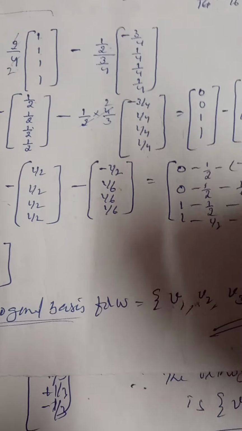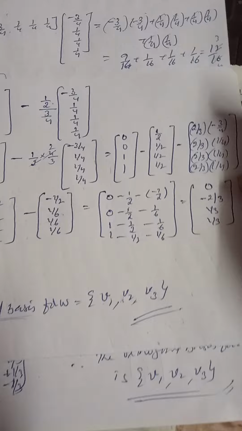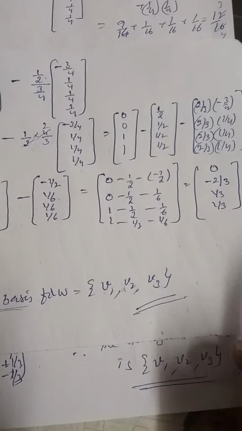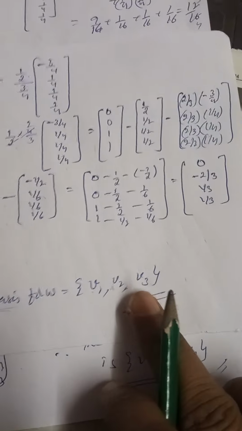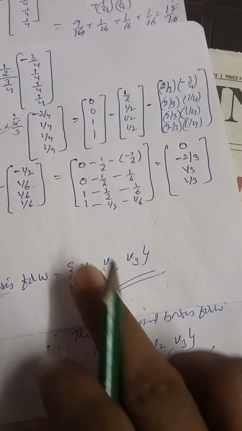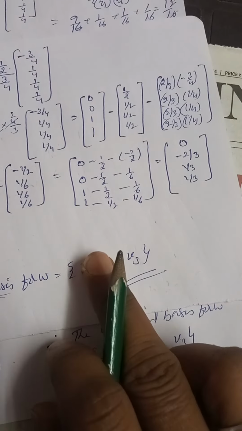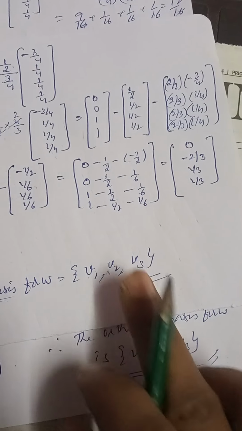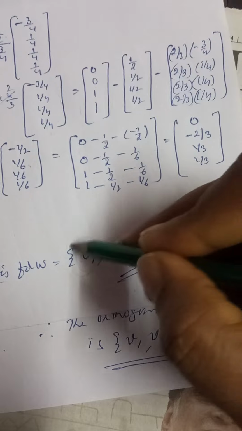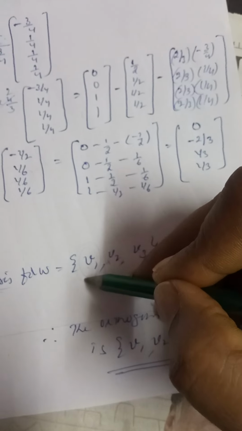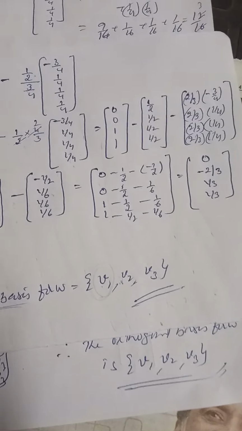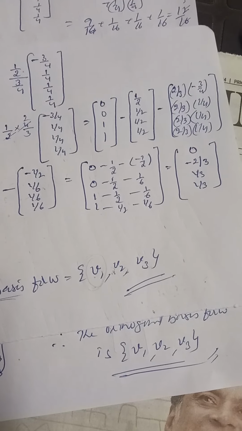Therefore this is called an orthogonal basis for W. Suppose you want to construct an orthonormal basis, after getting this result, what do we have to calculate? Simply V1 by norm V1, V2 by norm V2, V3 by norm V3. That set is called an orthonormal basis. That means we have to find the unit vector in the direction of V1, the unit vector in the direction of V2, and the unit vector in the direction of V3.